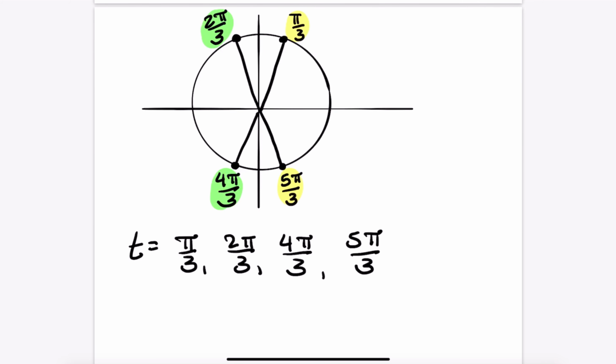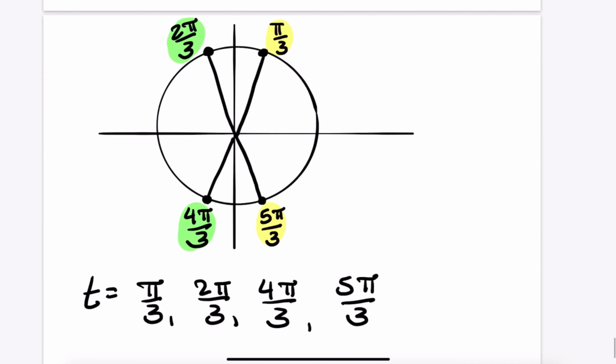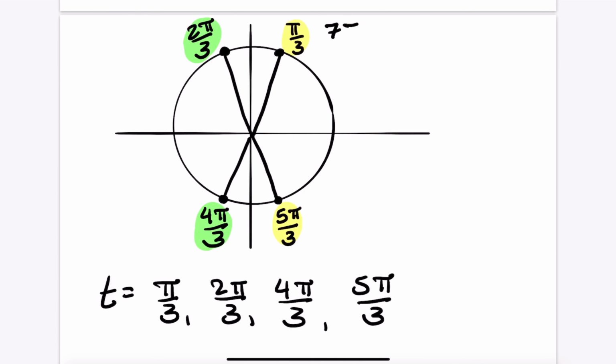But if you think about it, what about 7 pi over 3? Since 7 pi over 3 is equivalent to pi over 3. Remember, 7 pi over 3 is equal to 1 whole revolution, 2 pi, plus pi over 3. And this is 8 pi over 3.